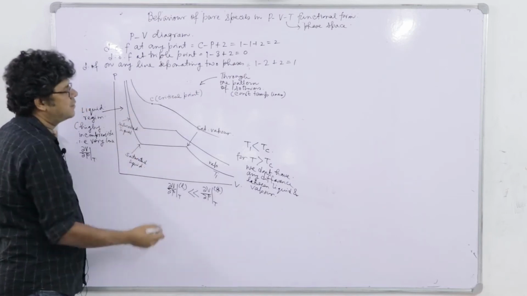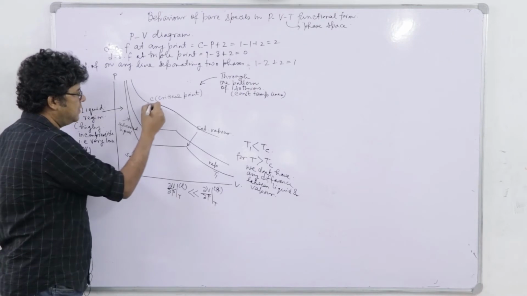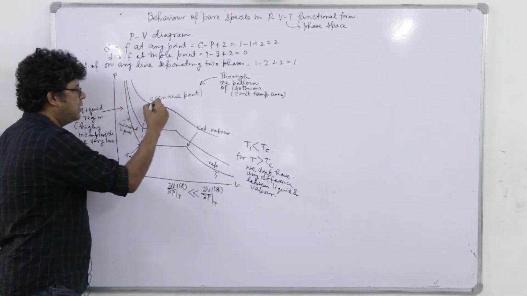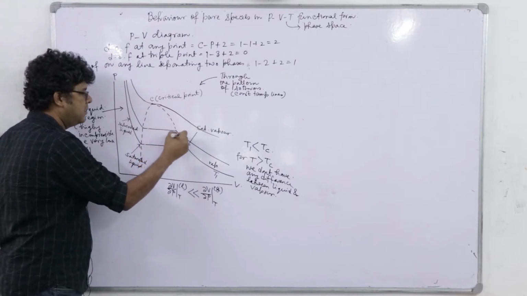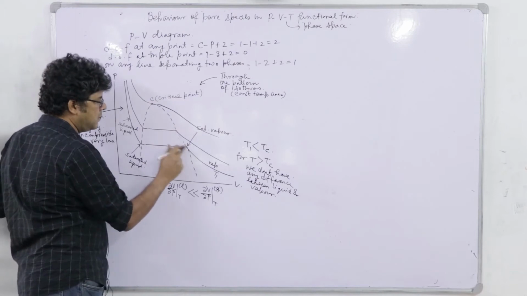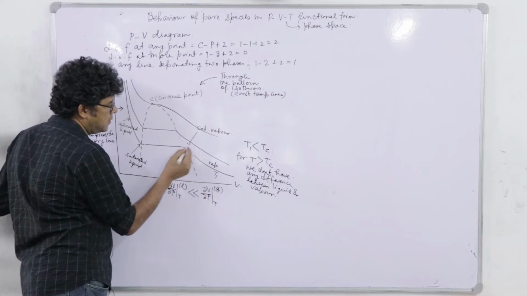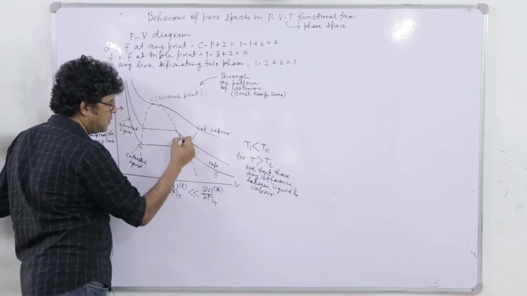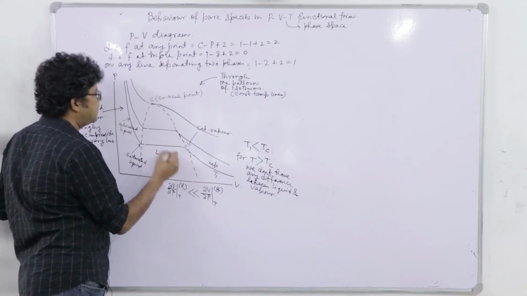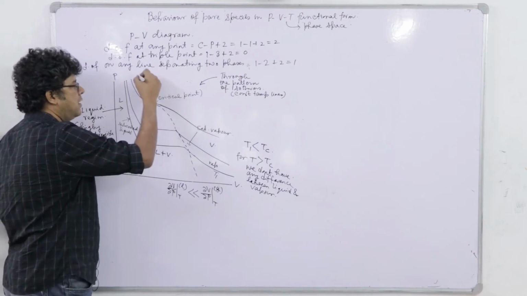So, we can isolate a region of two phase if we go on connecting this line to the critical point, and on this side this line. So, this is liquid plus vapor, this is the liquid side, this is the vapor side, and further.